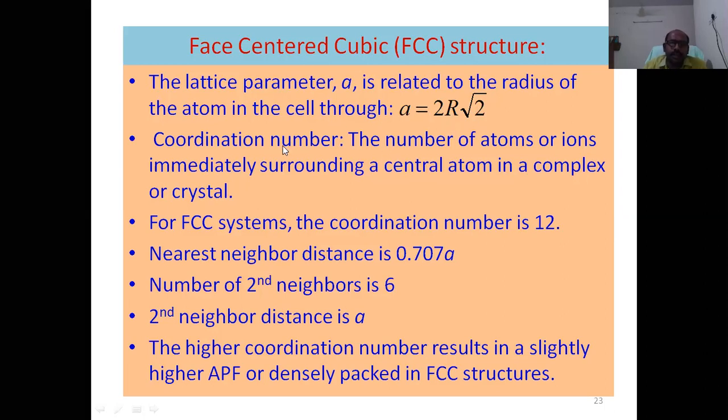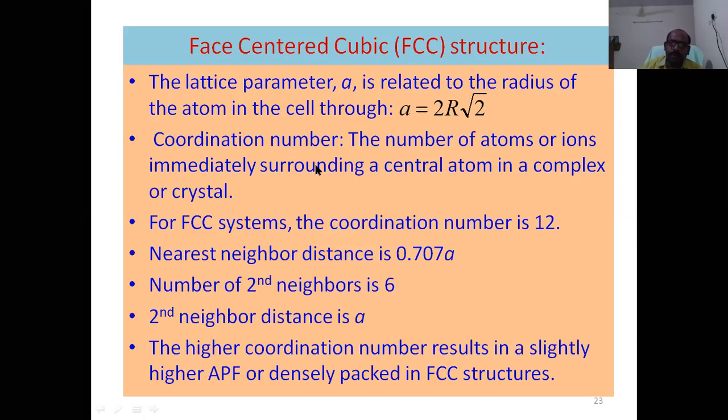Now we see some terms. Coordination number. That means the number of atoms or ions immediately surrounding the central atom in a complex or a crystal.